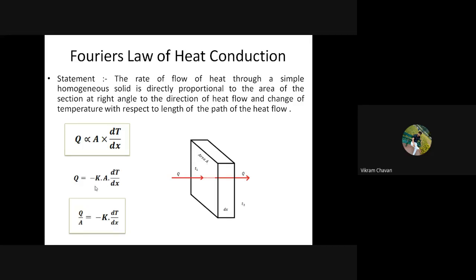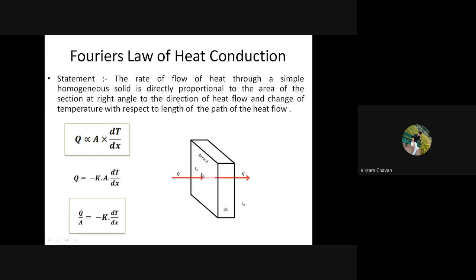Here we have also introduced a minus sign. To remove the proportionality sign we introduce the constant k, but why have we introduced the minus sign? We should focus on the temperature. dT means the temperature difference between the two surfaces.